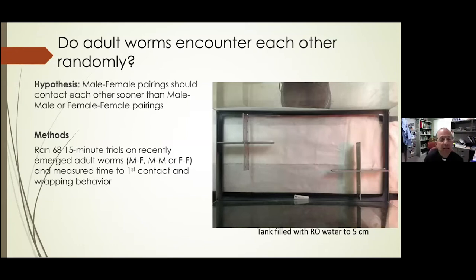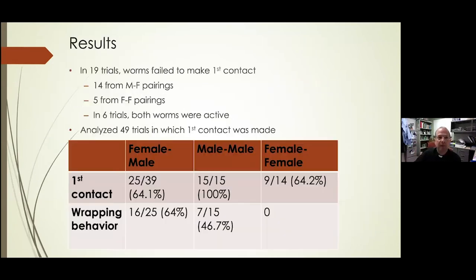So we ran 68 15-minute trials on recently emerged adult worms. We had male-female pairings, but also male-male and female-female, and measured the time to first contact. And then we also determined whether the males did that wrapping behavior.